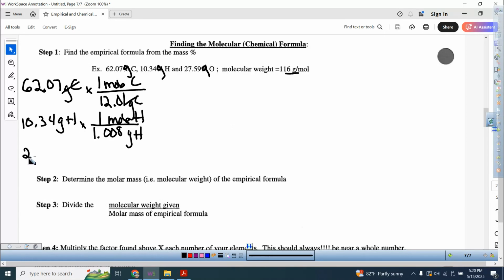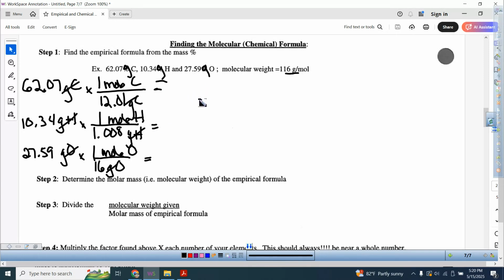And I'm going to take my 27.59 grams of oxygen. So if you're not at moles, go to moles. This still applies.